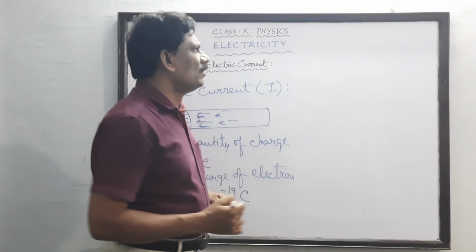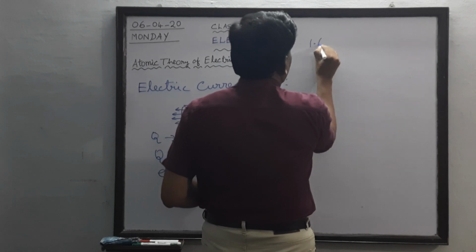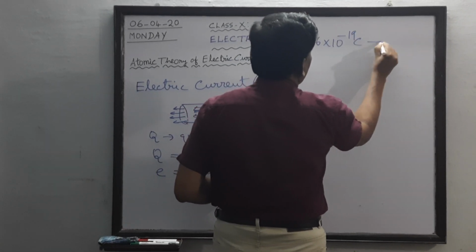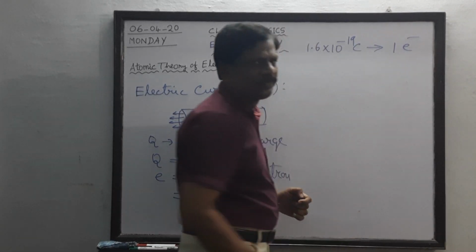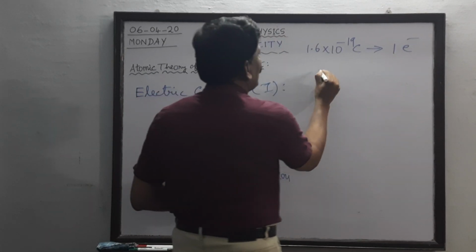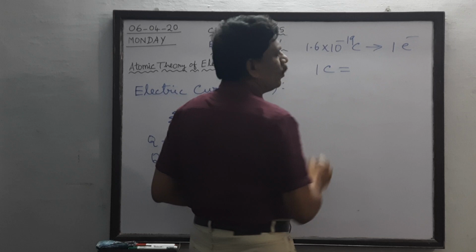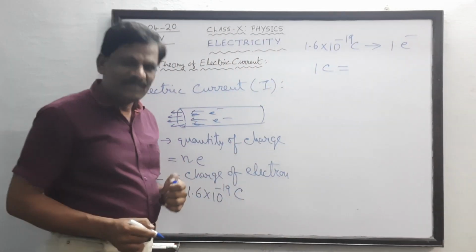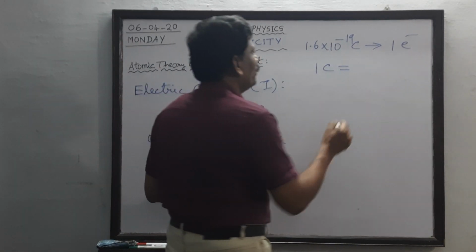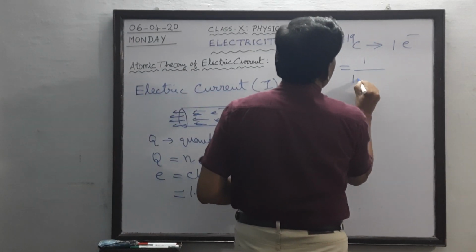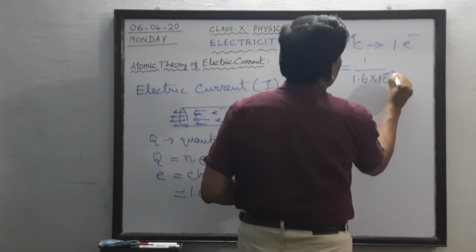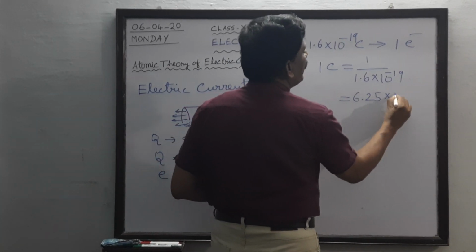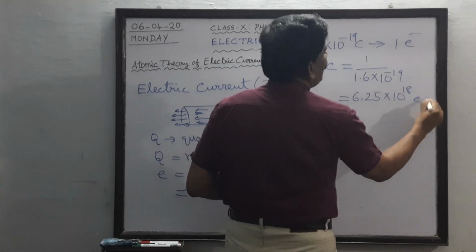Okay. So 1 electron, that is 1.6 into 10 to the power of minus 19 coulomb corresponds to how many electrons? 1 electron. Therefore, what must be the number of electrons corresponding to 1 coulomb? Yes, how will you find? Good, by taking the reciprocal of the value. So this is equal to 1 divided by 1.6 into 10 to the power of minus 19. Roughly speaking, this is equal to 6.25 into 10 to the power of 18 electrons.